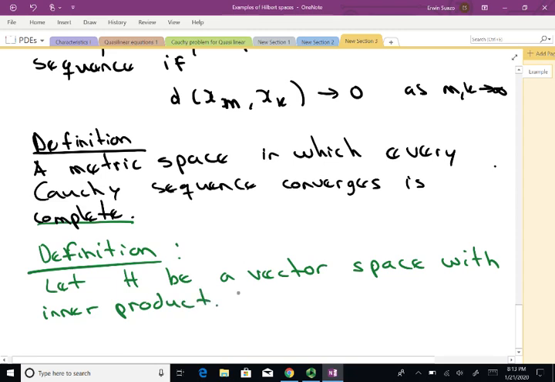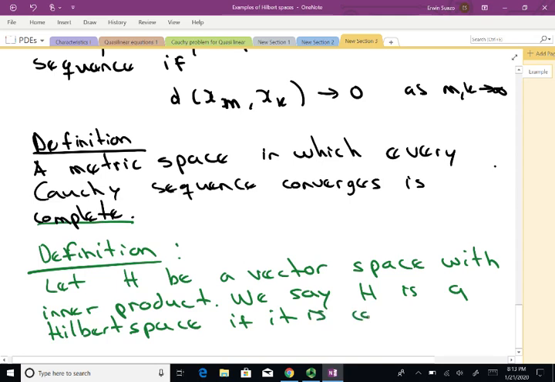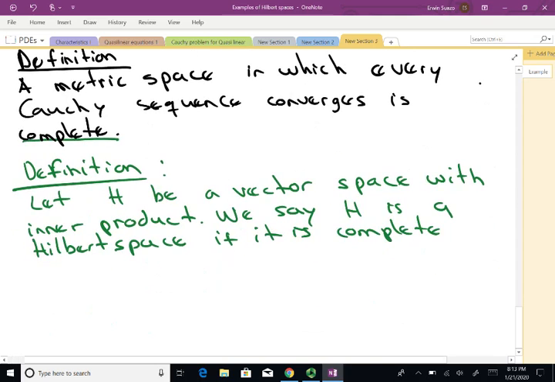We say that H is a Hilbert space if it is complete with respect to the norm of the inner product.